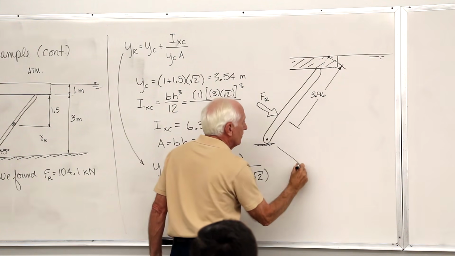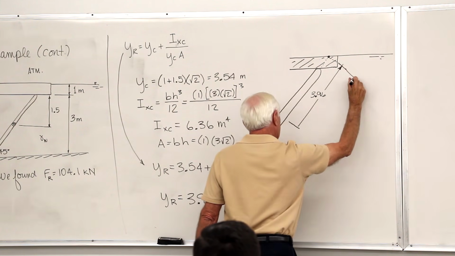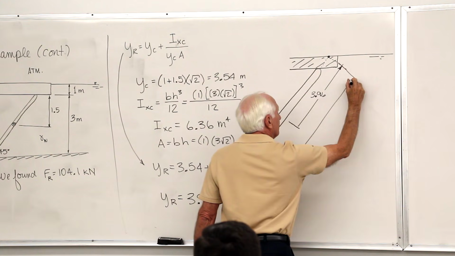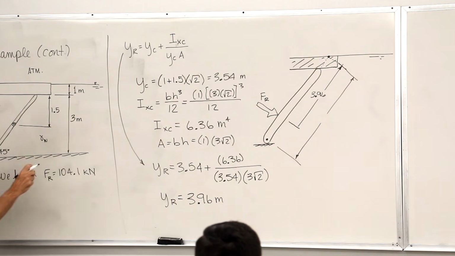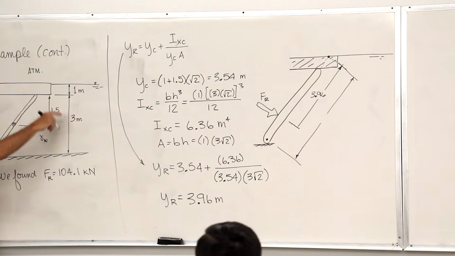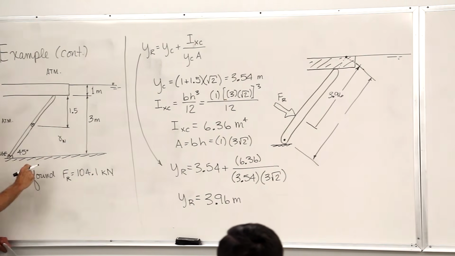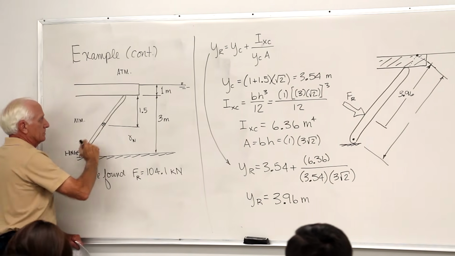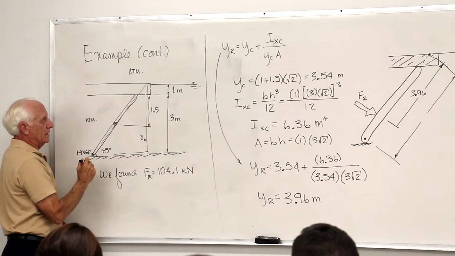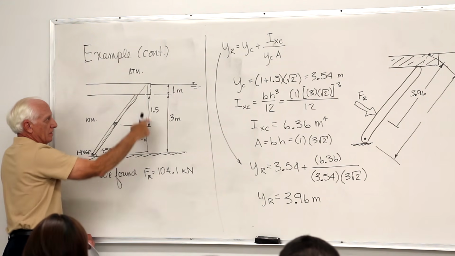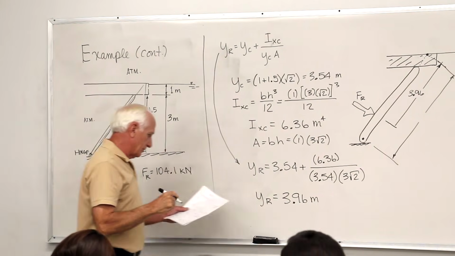The distance from here to here is 3 plus 1, 4. There's a big triangle here. Okay, 4 top to bottom. Hypotenuse 4 square root 2.